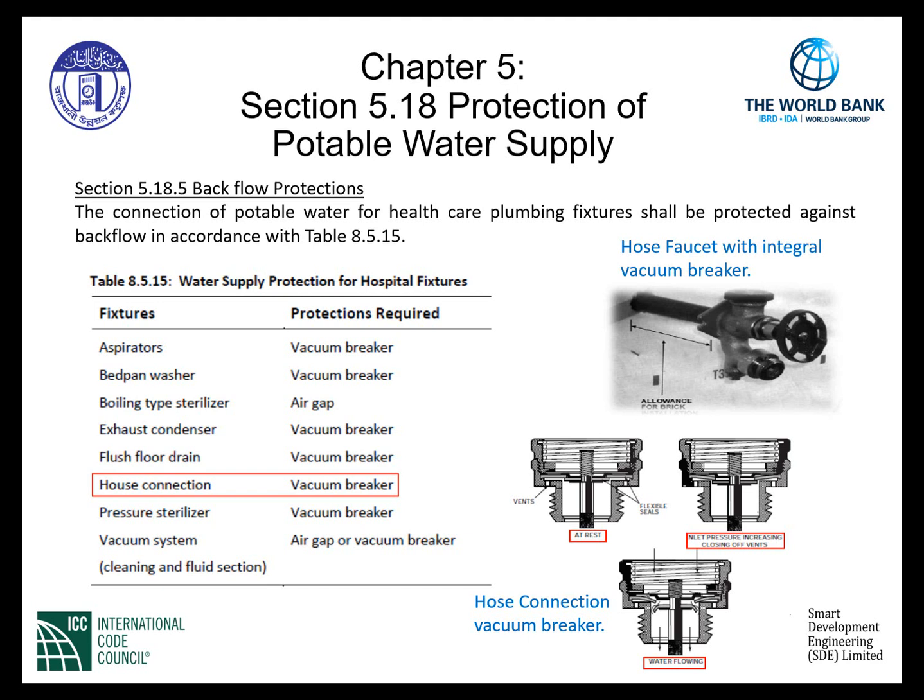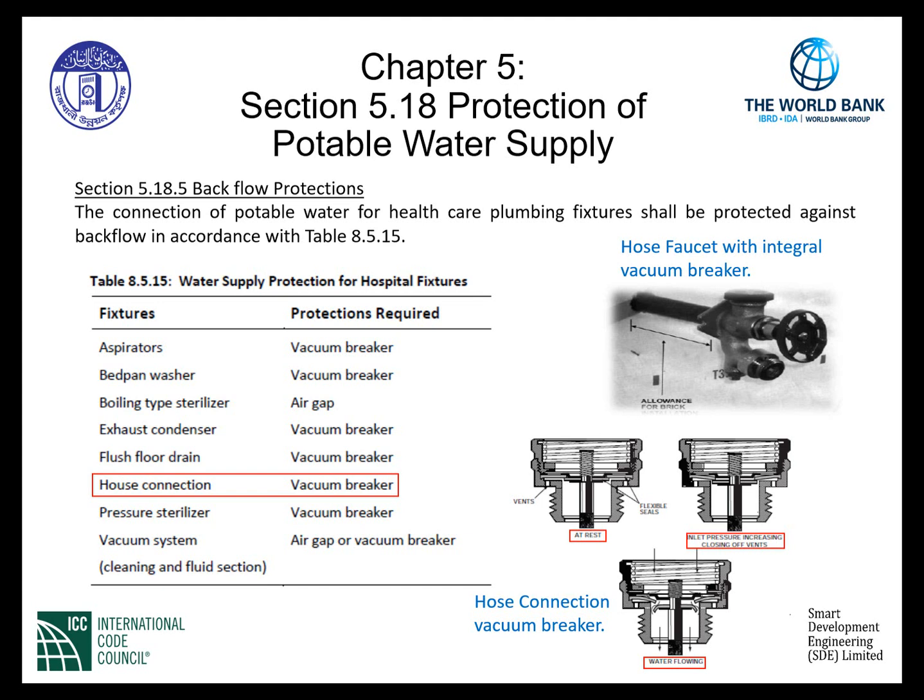As seen in the graphic up above, we have a hose faucet with an integral vacuum breaker built into it as it has been manufactured. There are also hose connection type vacuum breakers that we addressed earlier in terminology that would apply the same effect for the hose connection.